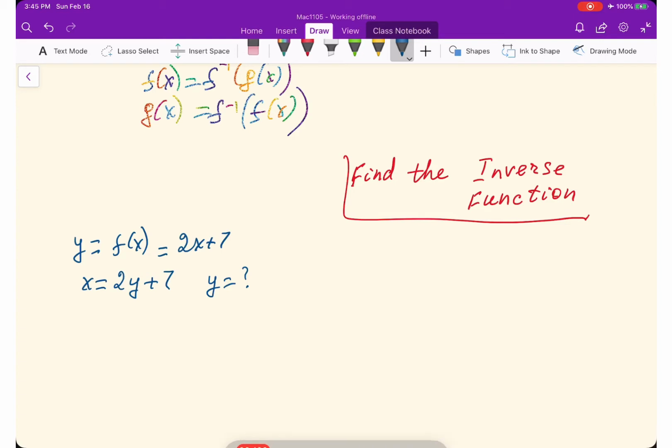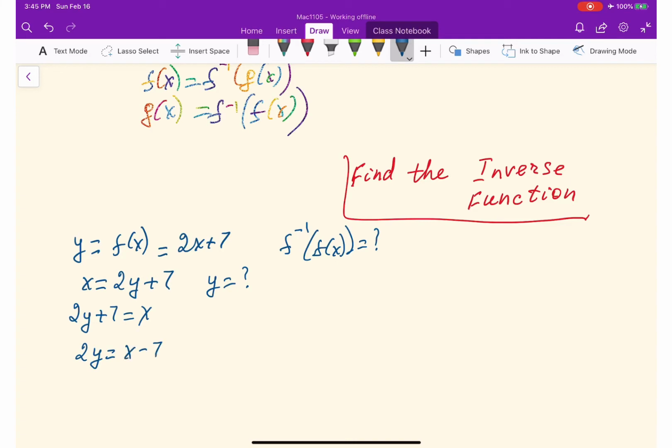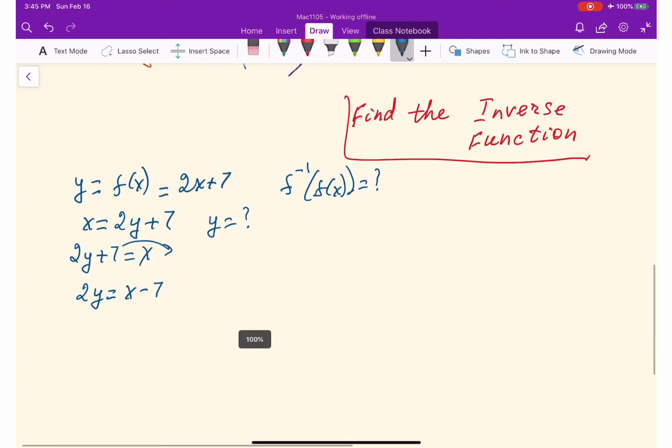And that y that I will find will be the inverse function of f of x. Okay, all right. So I'm rewriting 2y plus 7 is equal to x, and then I'm going to find y. 2y is equal to x minus 7, right?